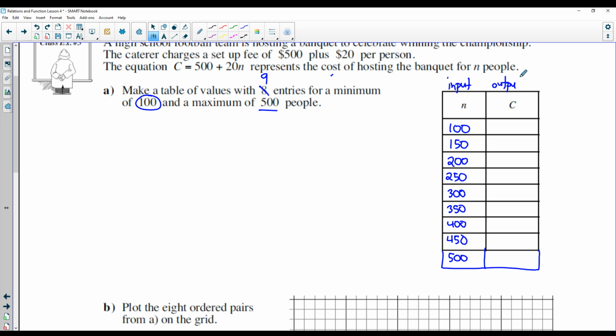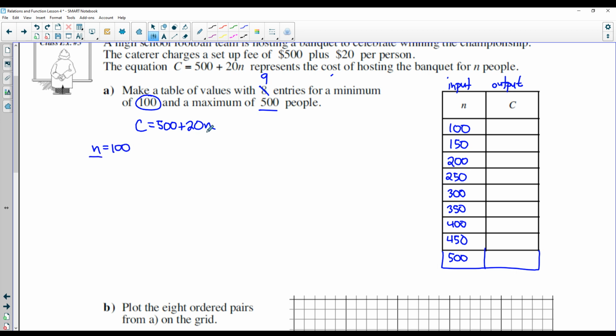So the way to get the output values is we're just going to take the equation, which is C is equal to 500 plus 20 times n. And what I'm going to do is substitute different values of n into the equation. So we'll start off by plugging in n equals 100.